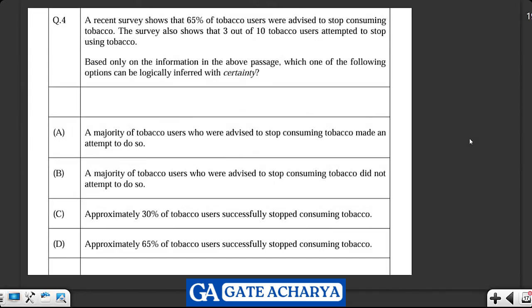Okay, now let's analyze the data from percentage. So 65 percent out there. When you say 65 percent, you can imagine the ratio as 65 by 100. That's what a percentage means. Let's say in that town, 100 people are there. How many were advised to stop consuming tobacco? 65.